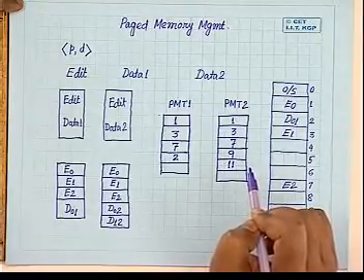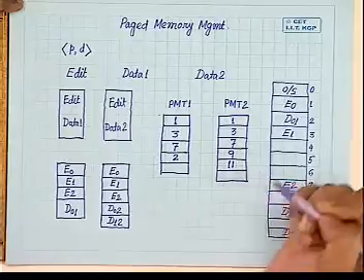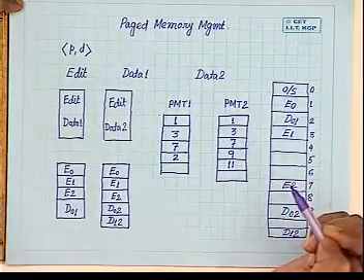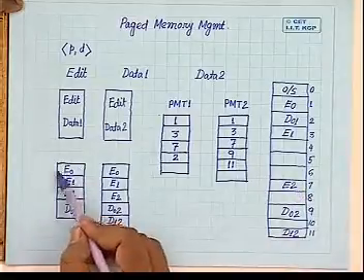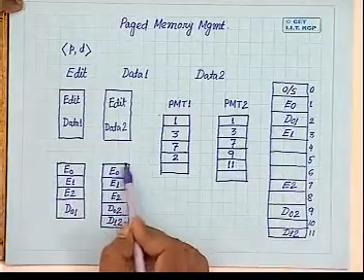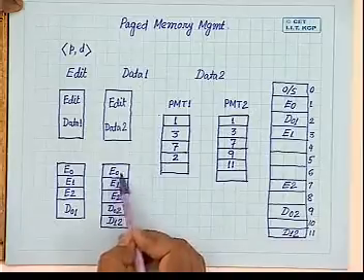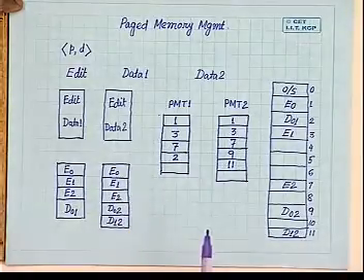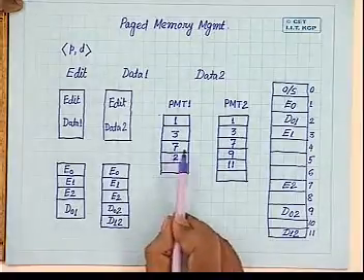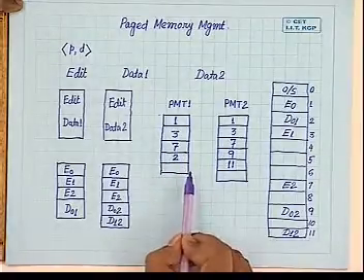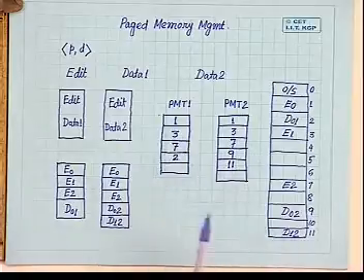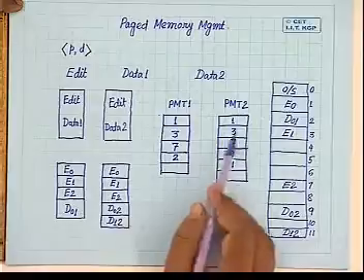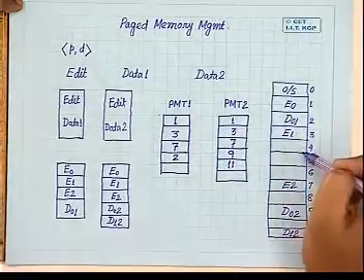If I have a program which modifies itself during execution, then that cannot be shared, because maybe the modification is required for user program 1, but is not expected or desired for user program 2. In that case, such sharing is not possible. But if the code is not self-modifying, we can share it among a number of users, not only 2, even 3 or 4 users can share the same copy of the code in main memory.